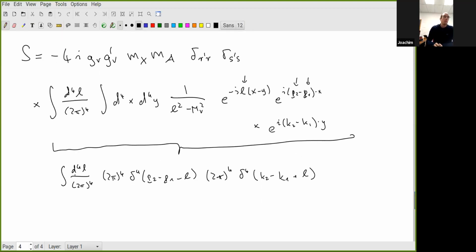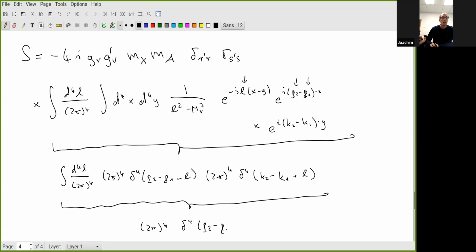And now you see the momentum integration is also trivial because we can just use it to eliminate one of the delta functions. So again, that just gives (2 pi) to the 4. And then that just gives us the momentum conservation. So delta 4 of, let's write it in a nicer way, pi 2 plus k2 minus pi 1 minus k1.